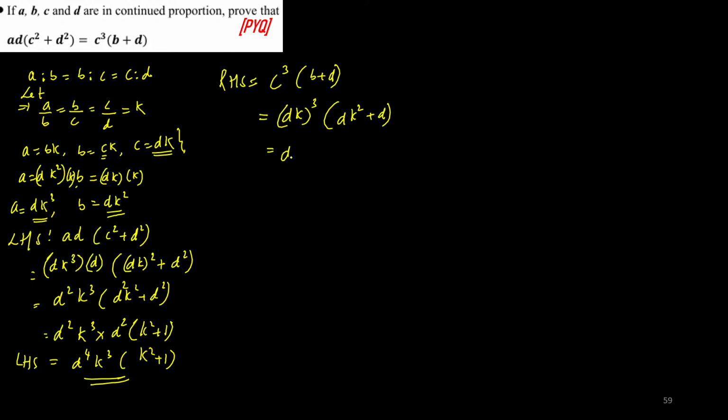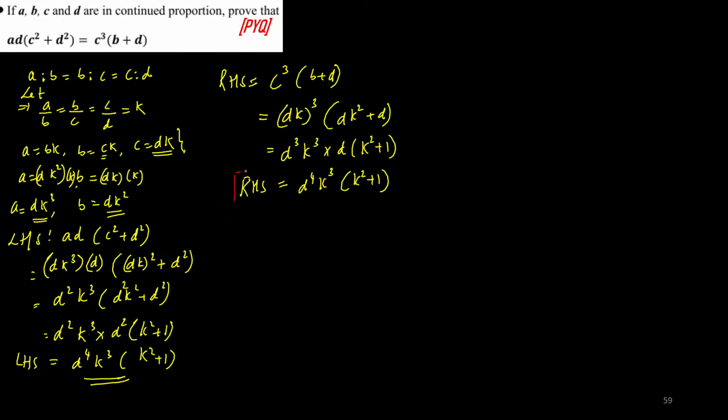So now outside I can write it as d cube k cube into d taken common, k square plus 1. Clear? So now when I multiply d cube with d, I get d to the power of 4 and k to the power of 3, then k square plus 1. This is RHS.